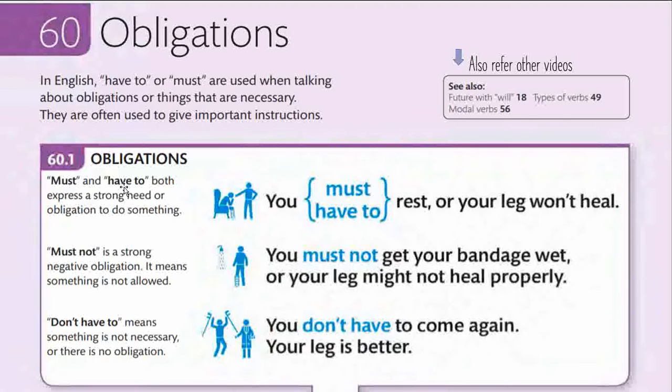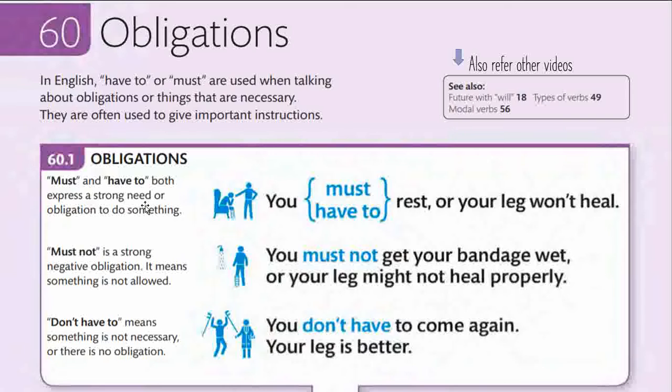So must and have to both express a strong need to do something. You must rest or your leg won't heal. You have to rest or your leg won't heal. So both ways of expressing it, must and have to, show the strong need to do something.